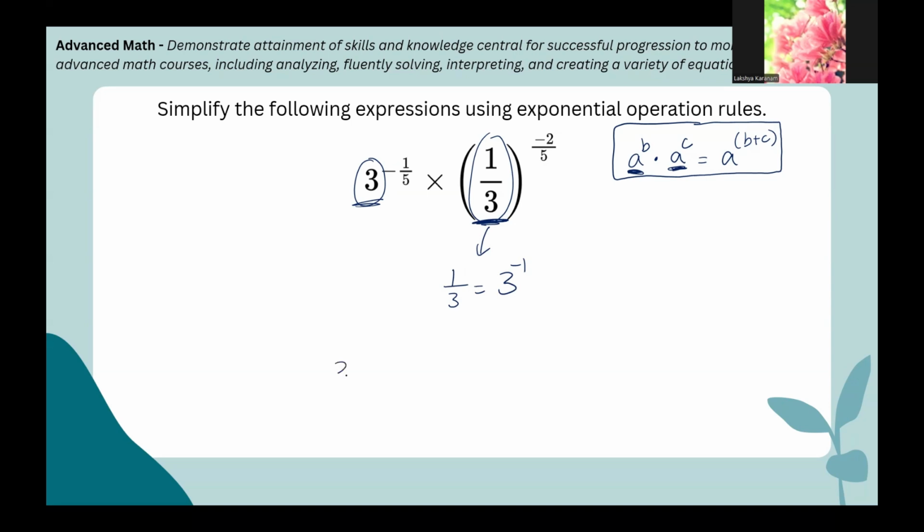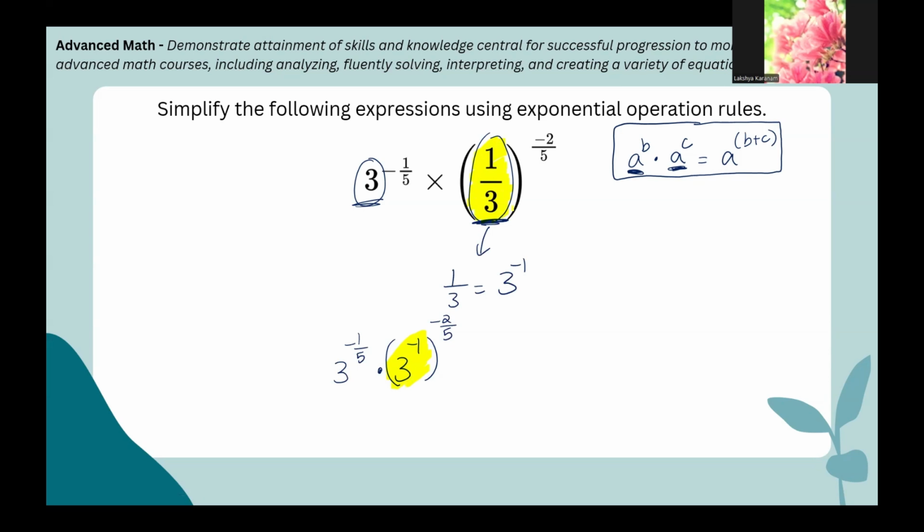So I can go, this is 3 to the negative 1/5 power times 3 to the negative 1 power to the negative 2/5 power, right? This right here is the exact same thing as this 1/3 that you see here, which is why you're able to rewrite it in this way.